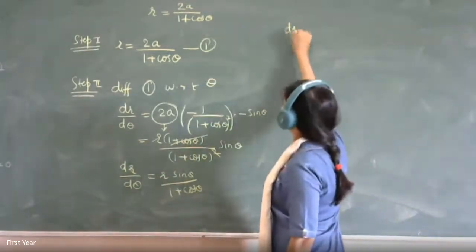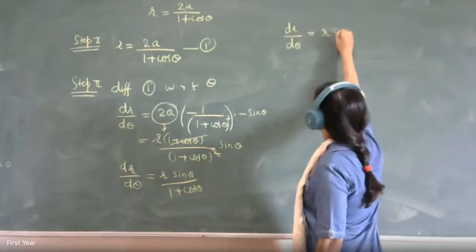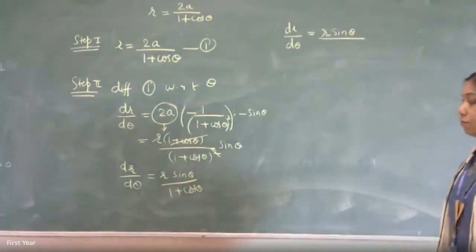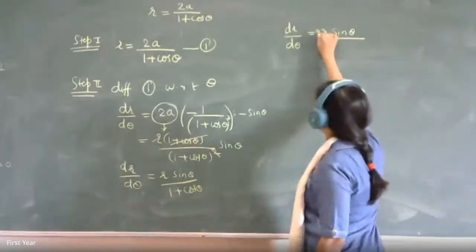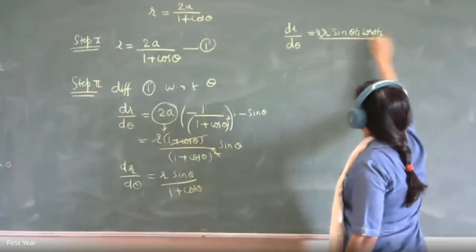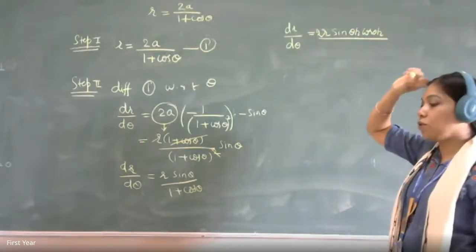So dr by d theta is equal to, let me see, what's the formula of 1 plus cos theta? 2 cos square theta by 2. In the numerator also I'll write 2 sin theta by 2 cos theta by 2, and in the denominator 1 plus cos theta is sin square or cos square?